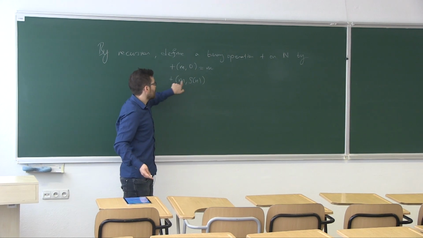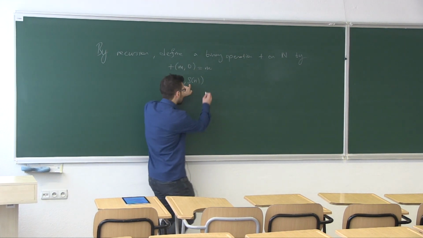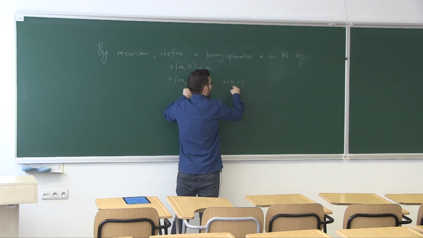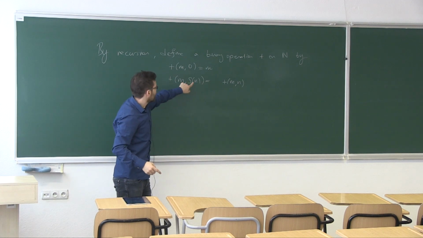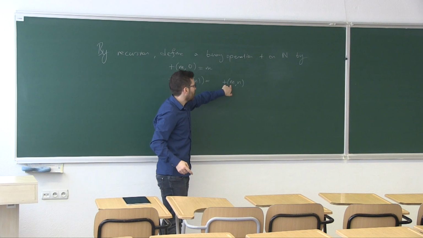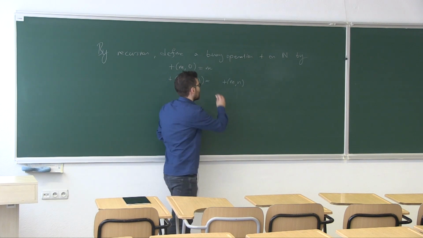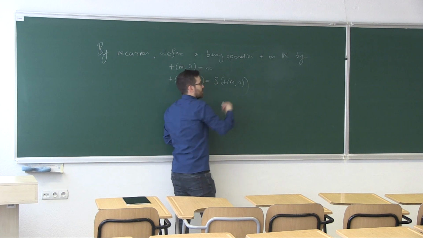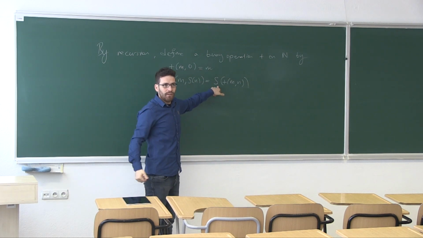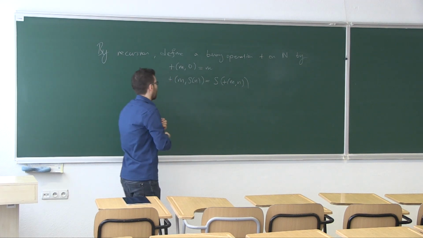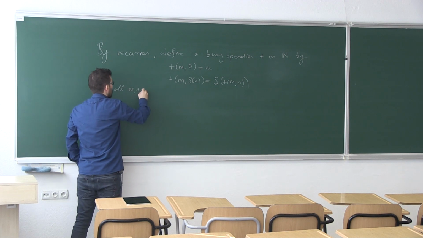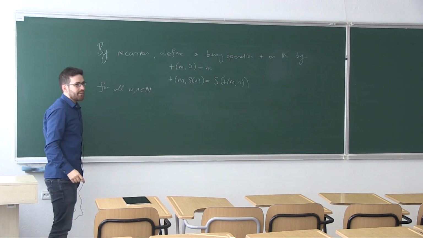And m plus the successor of some number n is defined by recursion via the value of m plus n. We take this value and we take its successor. Okay? So this is supposed to be that f in the statement of the recursion theorem. So we define addition like this.